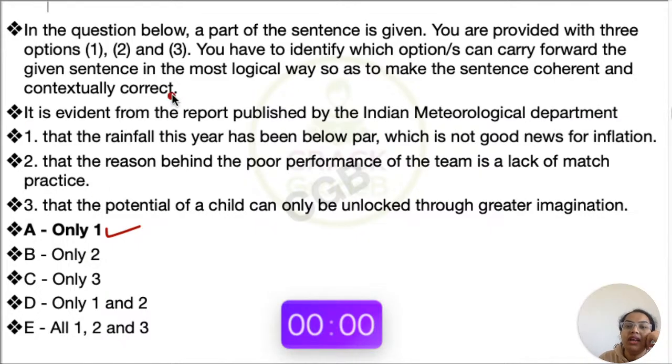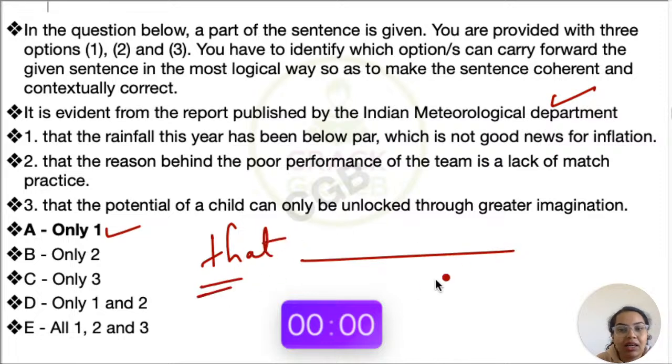It is evident from the report published by the department. Now, it is evident from something, but what is evident? That I need this, that to connect the later part. That सब जगह है. अब देखते हैं meteorological department है, okay. So the rainfall this year has been below par, which is not good news.